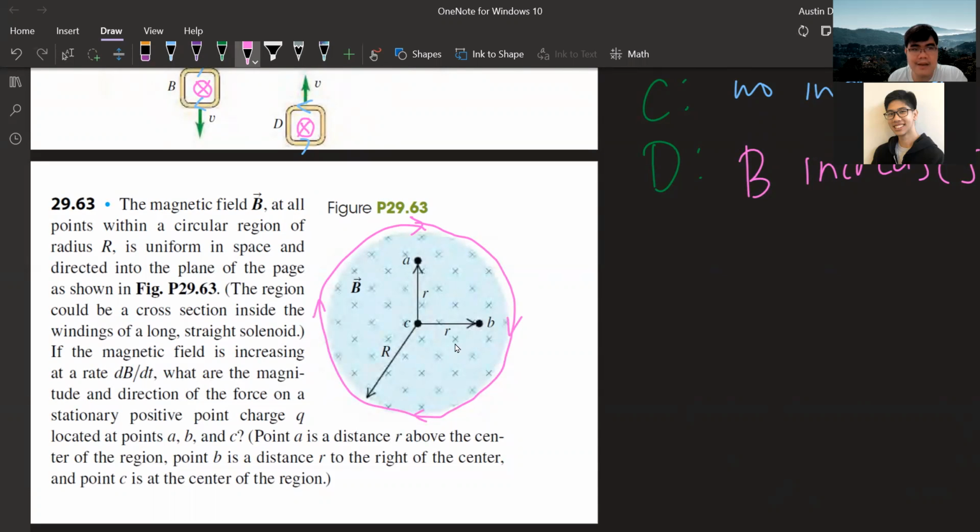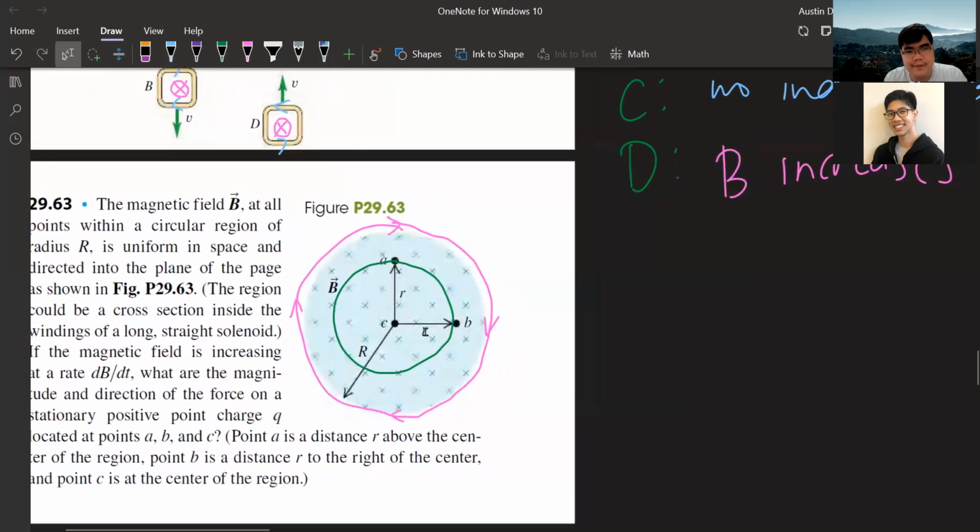Running clockwise. Then let's assume another wire is here. Para bilog mo. Yan. Let's assume na meron kang another wire in here. Okay?